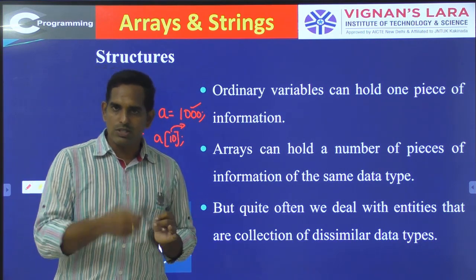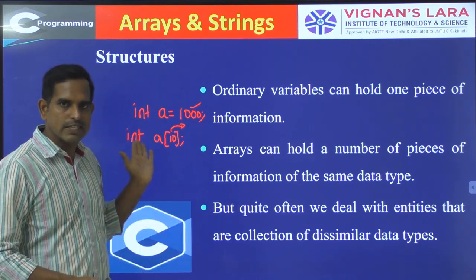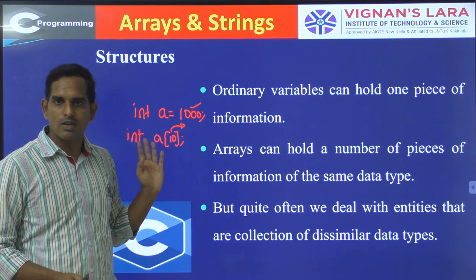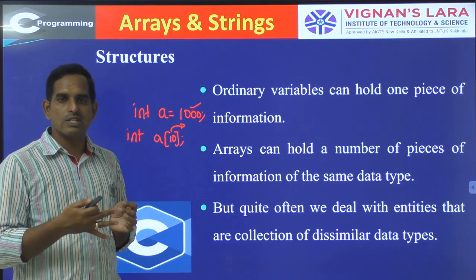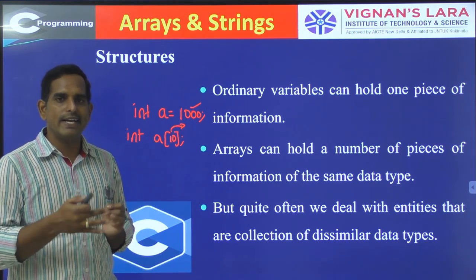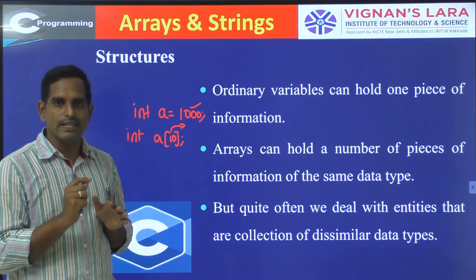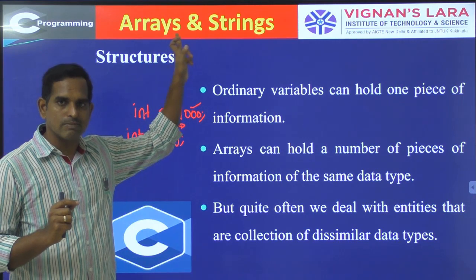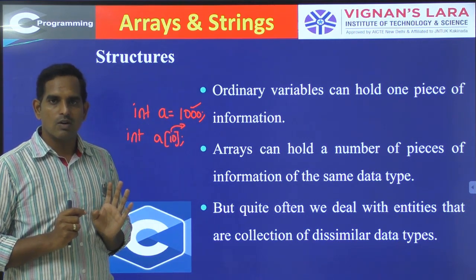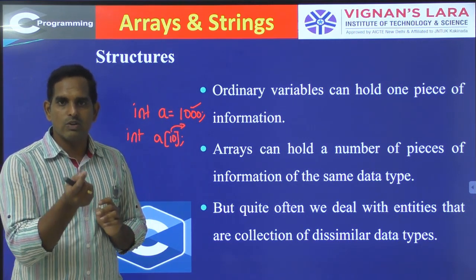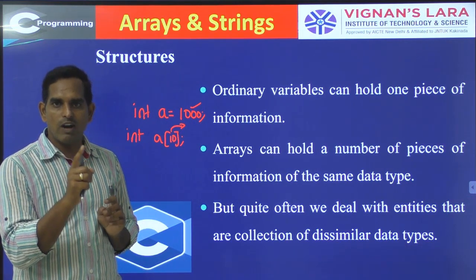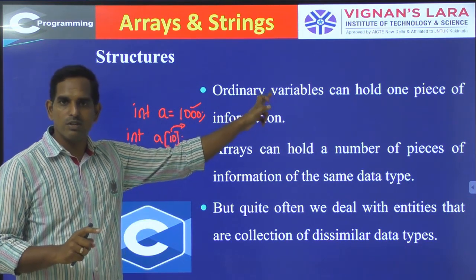Okay, in those situations you cannot use the basic data types and arrays. In such situations where you have more than one data type involved in your application for a single entity, you will go for something called structures. Whenever you want to apply something on a single value, you can use ordinary variables.